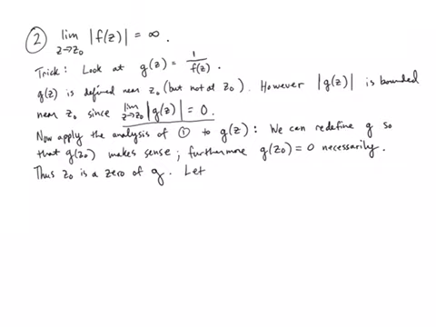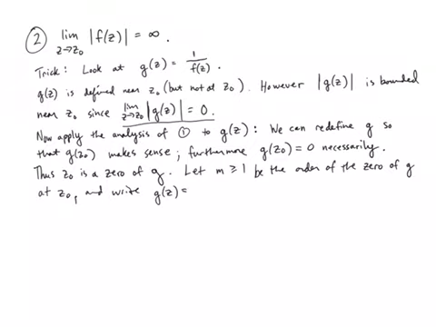Now let m greater than or equal to 1 be the order of the 0 of g at z naught, and write g of z equals z minus z naught to the m times h of z, where h is analytic and h at z naught does not equal 0.